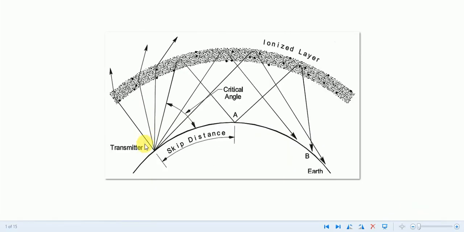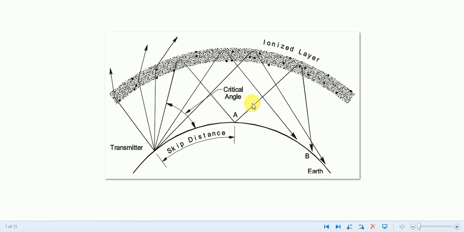See, from the radio station, radio waves are transmitted towards the sky, and here we have this ionosphere, and this ionosphere reflects the radio waves back to the earth surface, and in this way we receive the signals here and we can listen to the radio also.